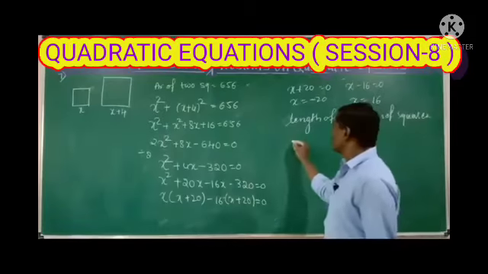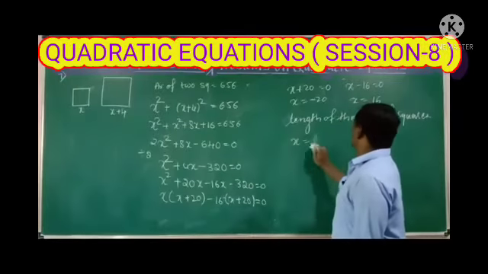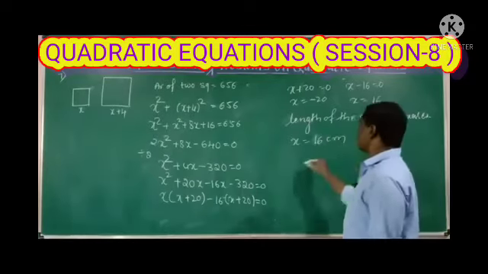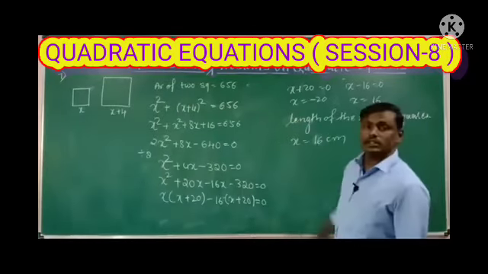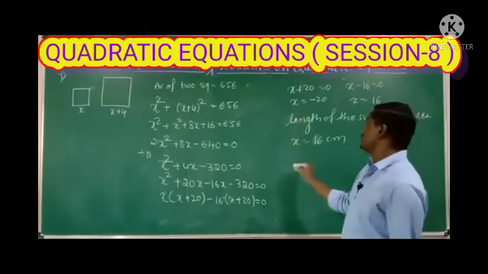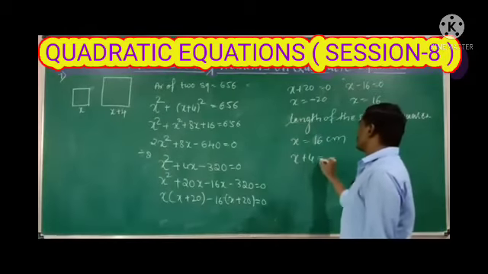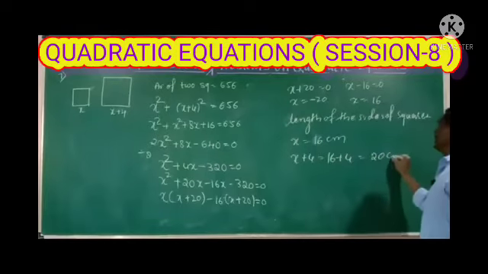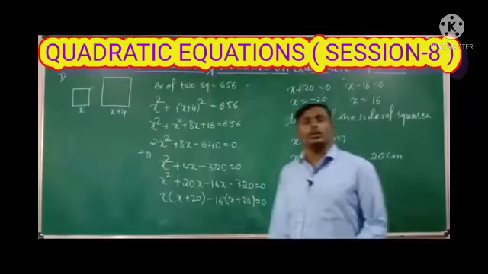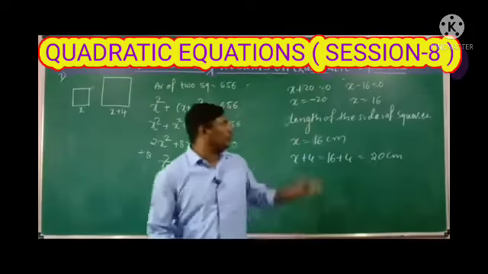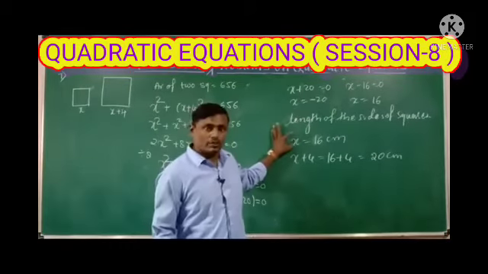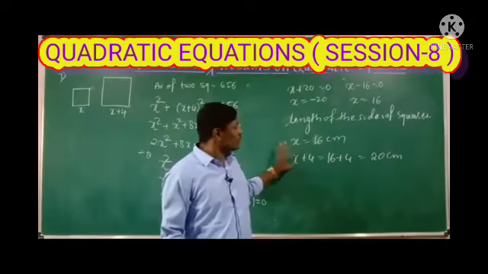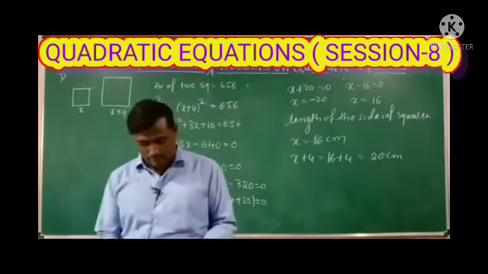First square length is x is equal to 16 centimeter and the side of the second square is x plus 4, that is equal to 16 plus 4, 20 centimeters. So these two are the lengths of the two squares. Length of the smaller square is 16 centimeter, the length of the larger square is 20 centimeter.